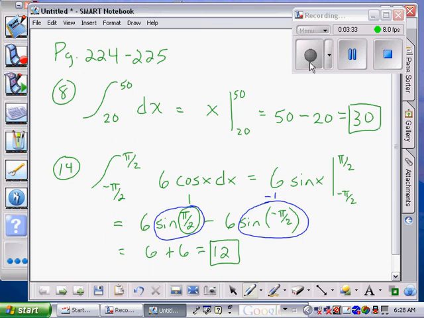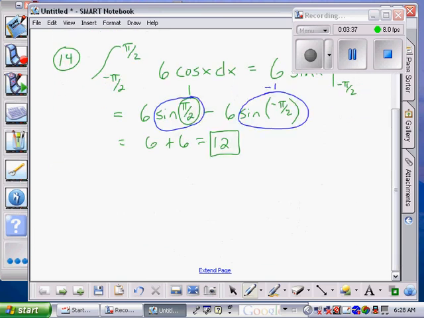I don't know that we're going to do all of these, just enough to get your memory going again. Let's jump to number 20, because that one looks like I've got some u sub there. So it wouldn't hurt to review u sub while we're doing these. So let's go from negative 3 to 3. This is number 20, on pages 224 and 225.